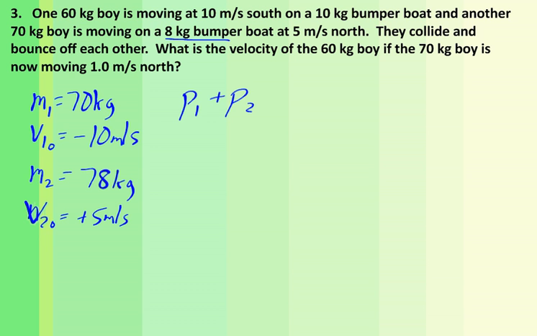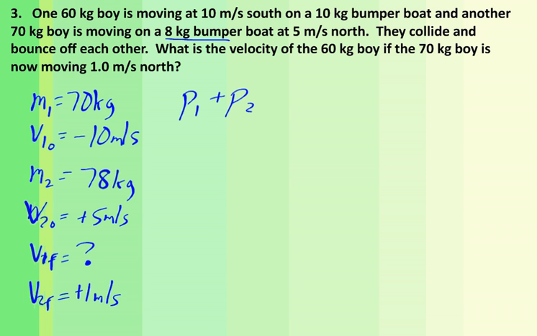It says, what is the velocity of the 60 kilogram boy? So that was our mass 1. So we want velocity 1 final. We're looking for that. What is the velocity of the 60 kilogram boy if the 70 kilogram boy, so our velocity 2 final, is moving at 1 meter per second north, which means he's moving in a positive direction.